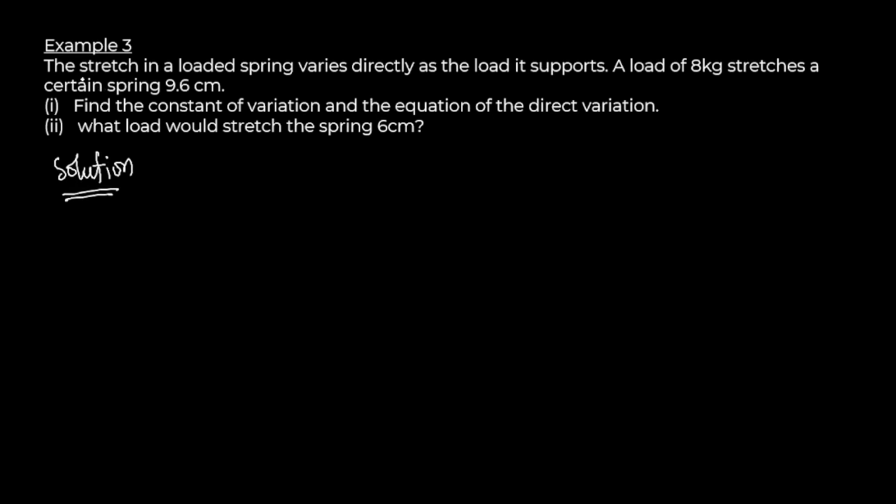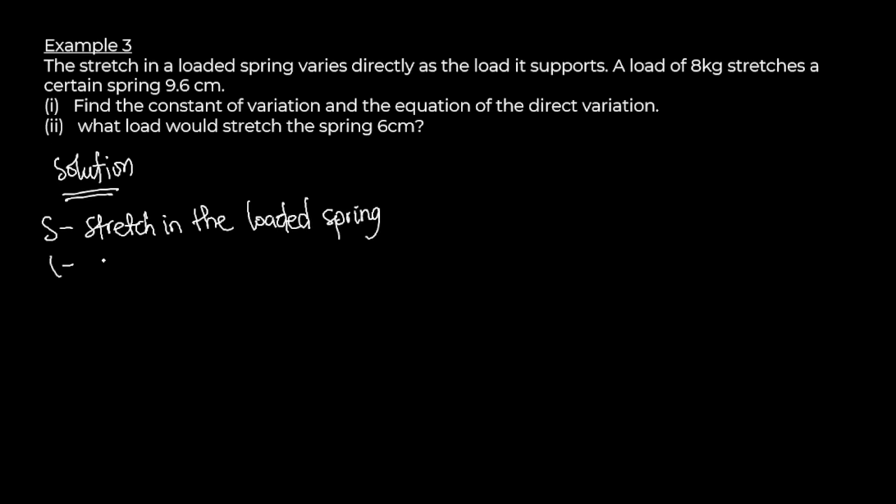So we have the stretch in a loaded spring varies directly. So we say let S be the stretch in the loaded spring. And then let L be the load it supports.